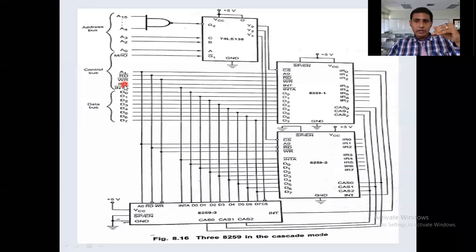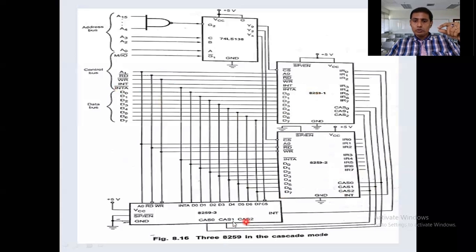After executing the current bus cycle, the processor sends the interrupt acknowledgement signal to the master as well as all the slaves. After receiving the interrupt acknowledgement signal, the master sends the initialization code again to the concerned slave.